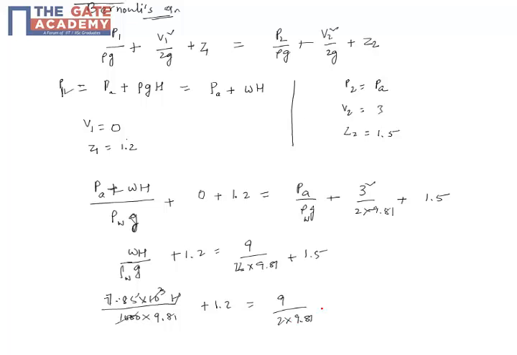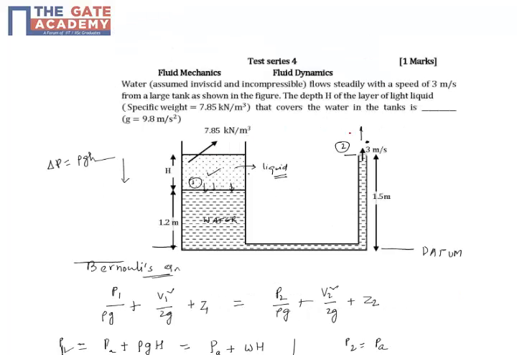This is just a substitution problem. So 7.85 h by 9.81, you can simplify, you only have h. After simplification we get 0.95 meters. So 0.95 meters of that liquid head is required to get a velocity of 3 meters per second on the right hand side. So the answer is 0.95 meters.